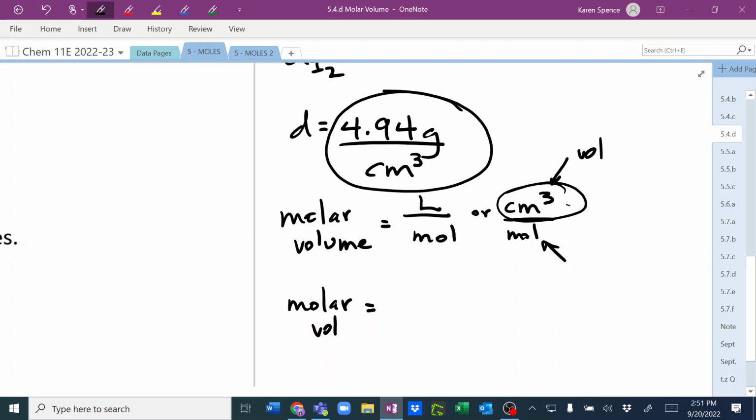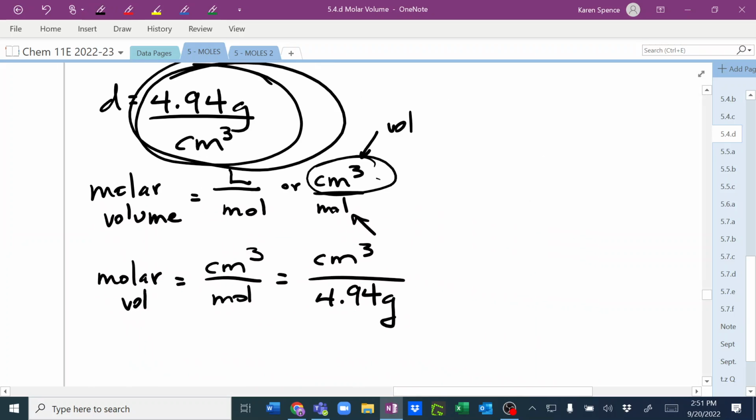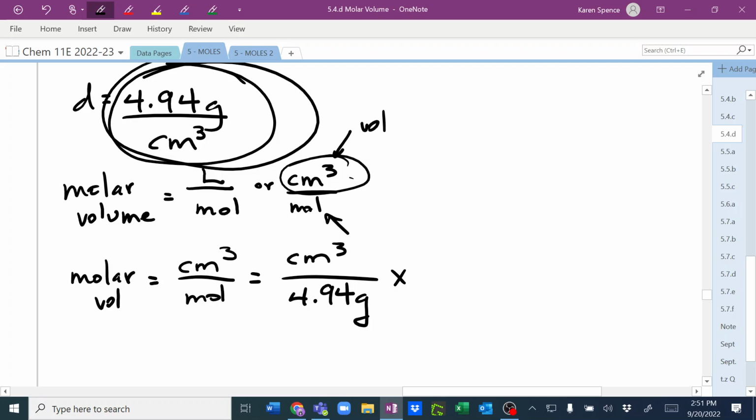Okay, so my molar volume, I want to find centimeters cubed per mole. So I'm going to take this and write it as centimeters cubed per 4.94 grams. Good? I can do that because that's the way around I want it. And what do I now have to do with my grams?